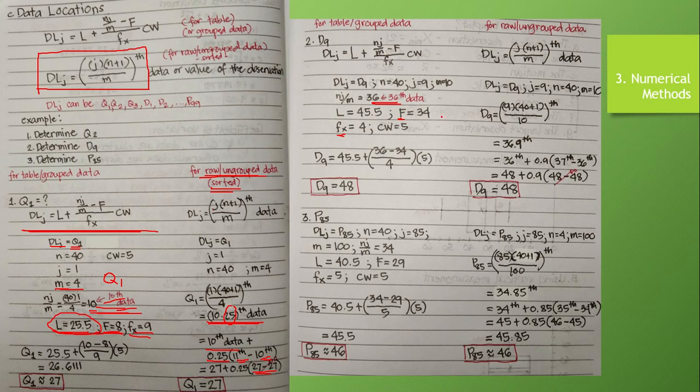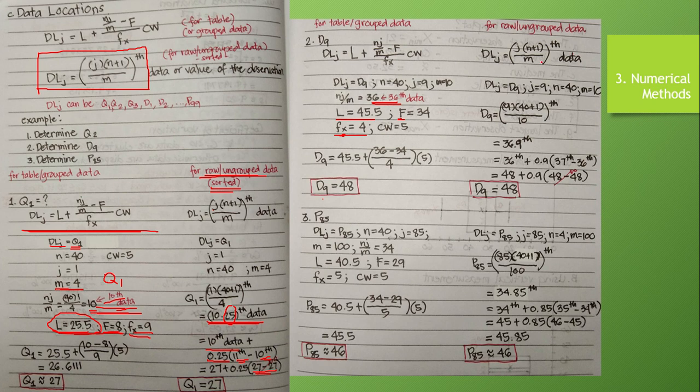You can also check the less than cumulative frequency before this class interval, so that's 34, and f sub x is the frequency of the class interval where this class boundary is located. Sum all of the values, you will get D sub 9, or the 9th decile, which is equal to 48.